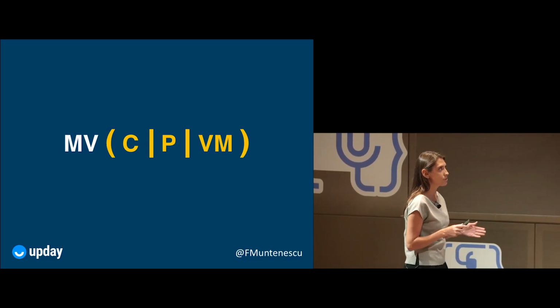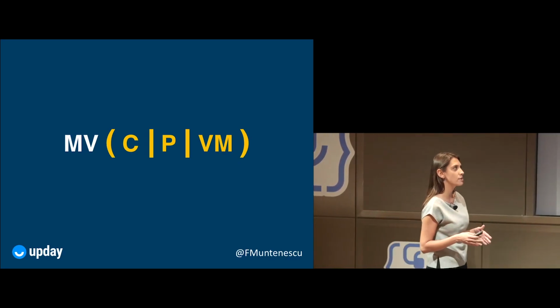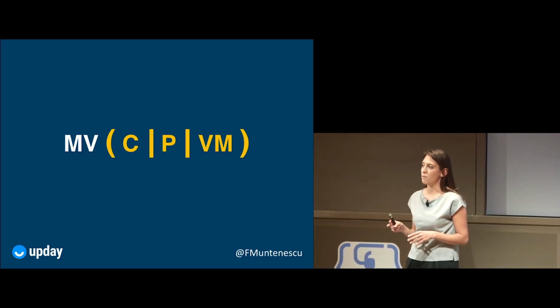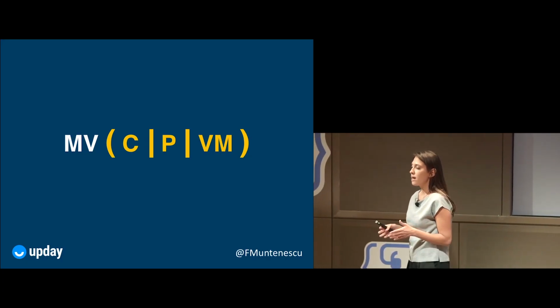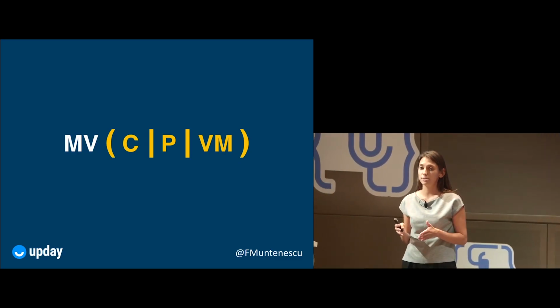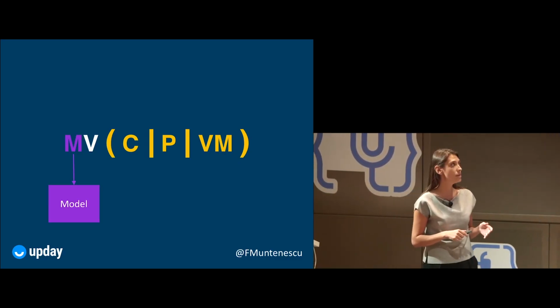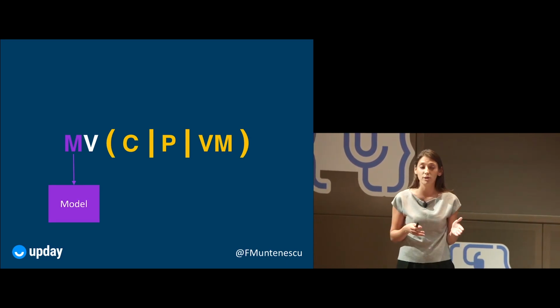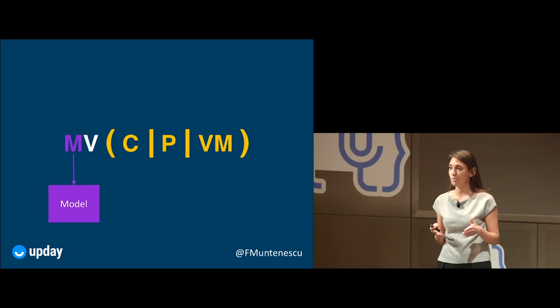So, model view controller, model view presenter, model view viewmodel. They all have 2 elements in common, the model and the view. And the role of these 2 elements is actually pretty much the same throughout all of these patterns. The model is the one that's in charge of the business logic. It's going to be the one that talks to the network layer, talks to the database layer.